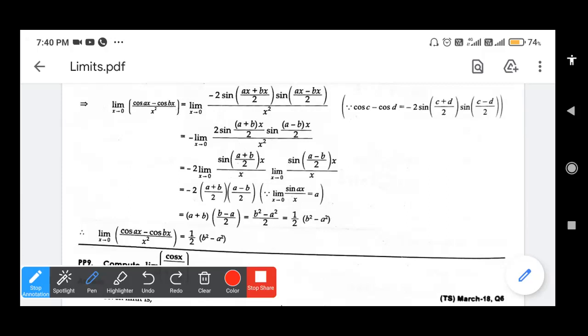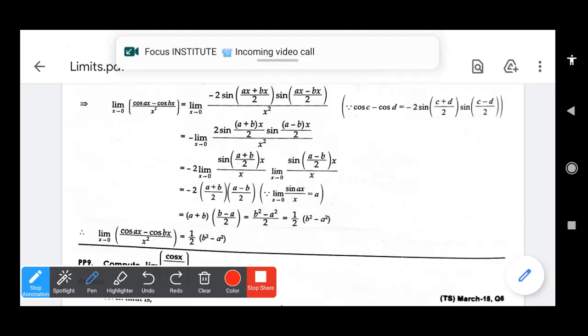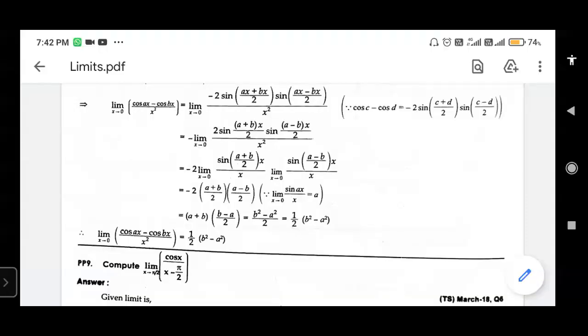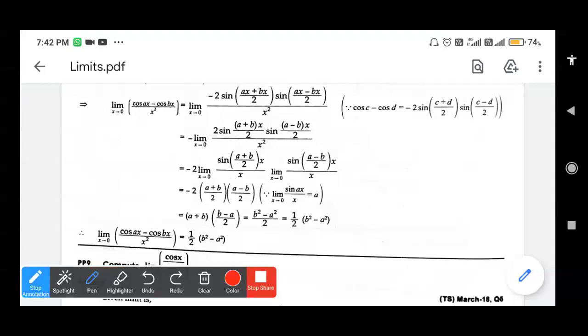But what we have to do is to multiply and divide. Okay. So in this question, what we have done, we took minus outside, we applied the limit. Sine (a plus b) by 2 into x by x.